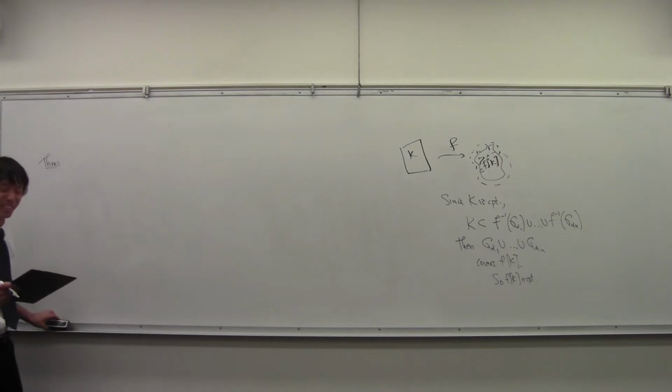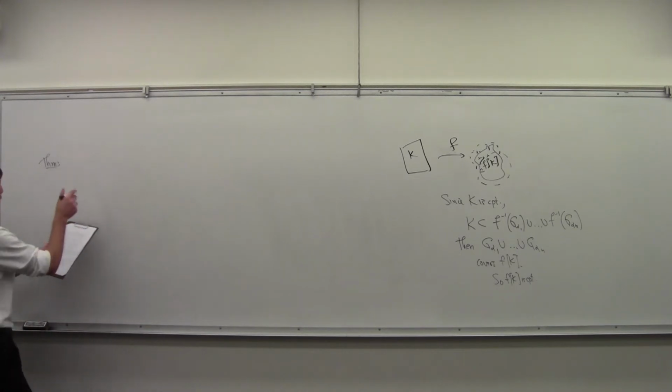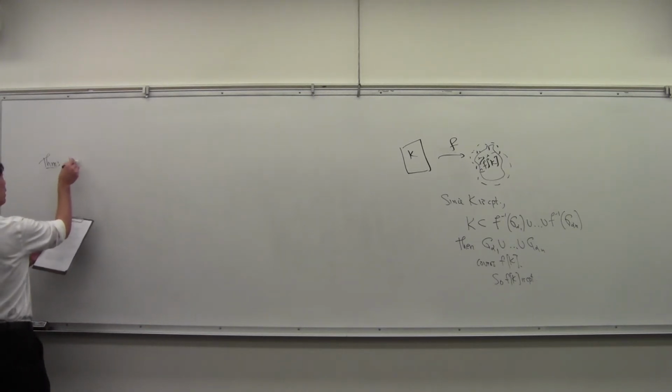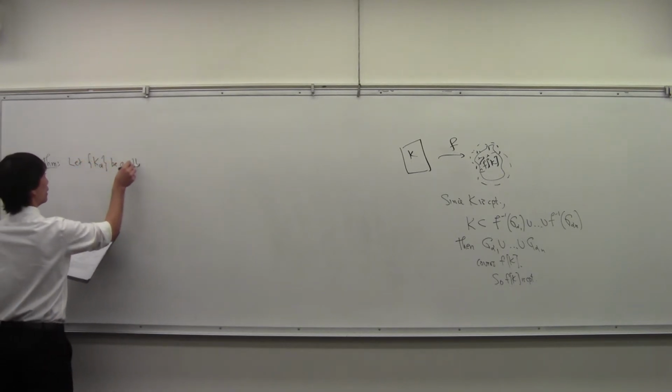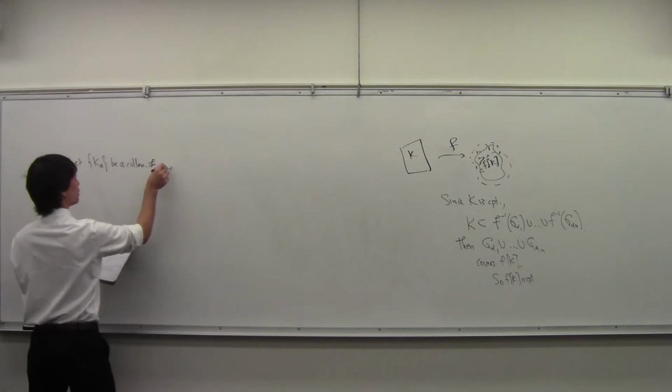We'll see. Okay, so let K alpha be a collection of compact sets.